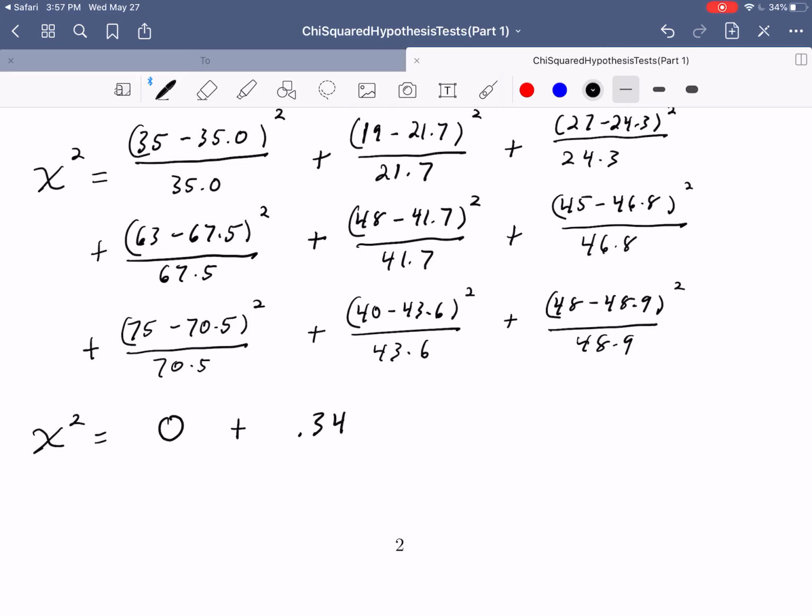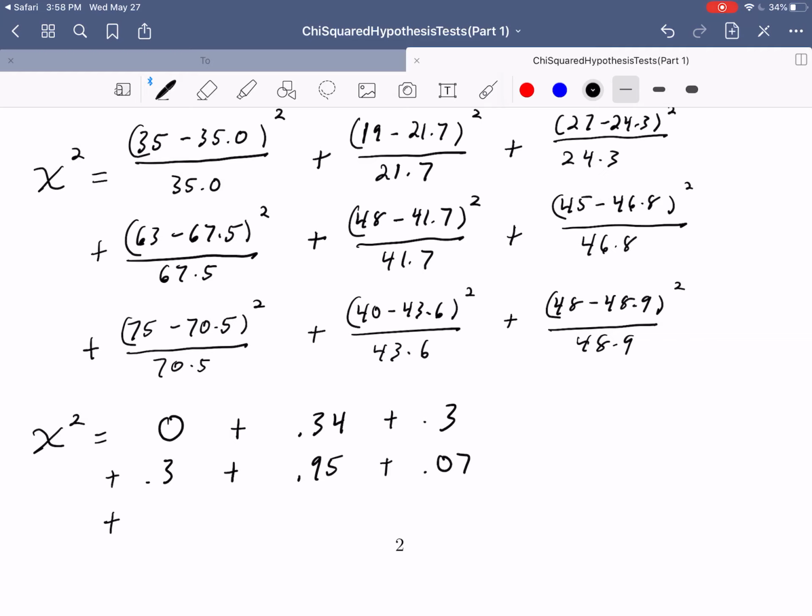Next one, parentheses 27 minus 24.3, square that, and then divide by 24.3. You should get plus 0.3. Next one, 63 minus 67.5, squared, divided by 67.5. You should get 0.3. Plus 48 minus 41.7, squared, divided by 41.7, you get 0.95, and then 45 minus 46.8 squared divided by 46.8 looks like 0.07.